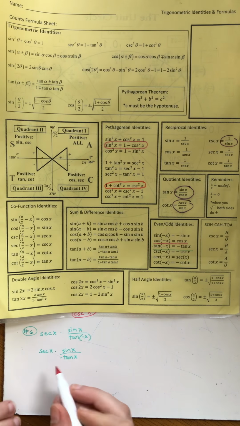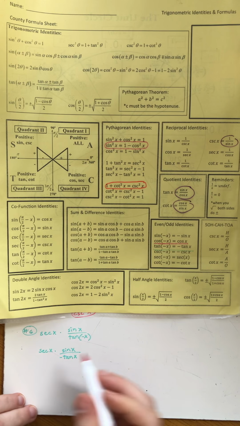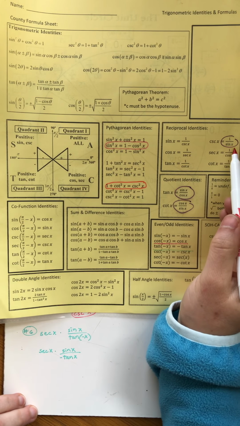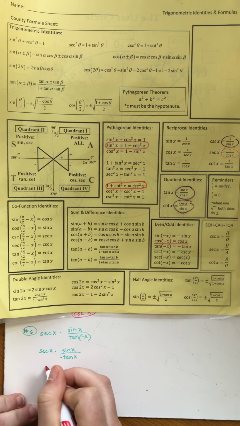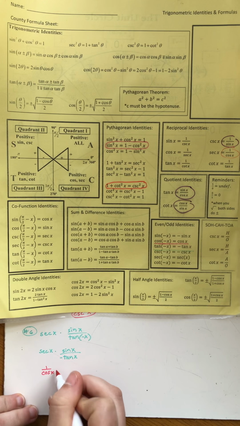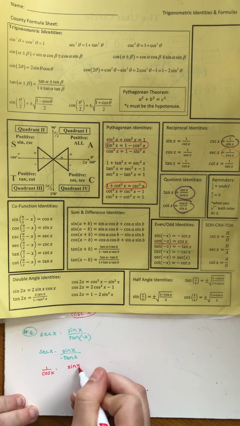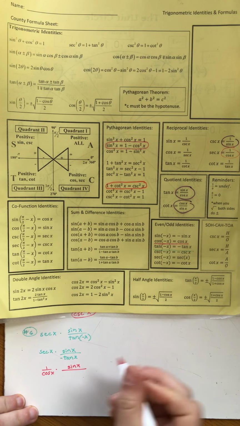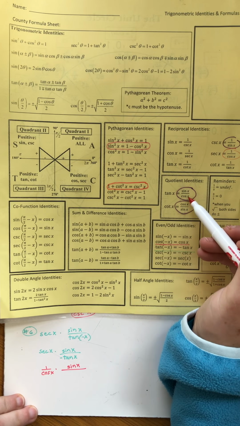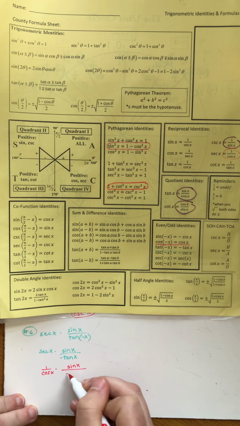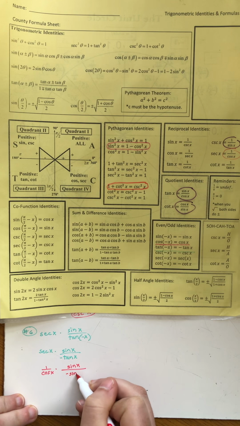Now secant, I can change that into sines and cosines. Secant is 1 over cosine. And negative tangent, well, tangent is sine over cosine, so negative tangent would be negative sine x over cosine x.